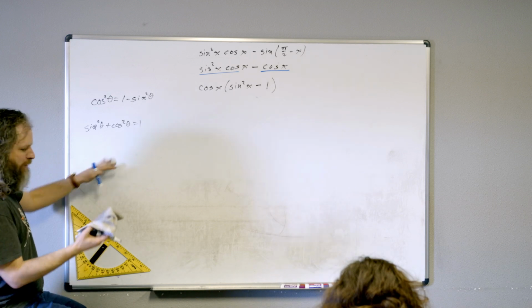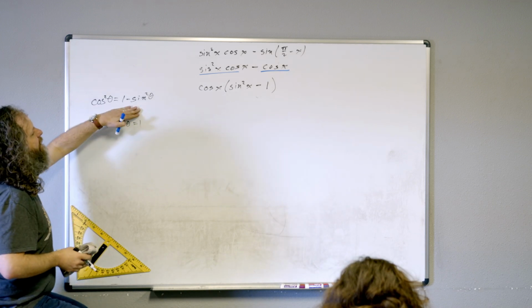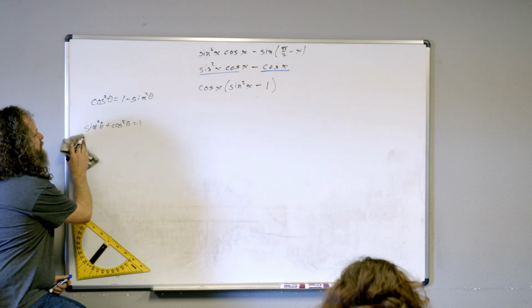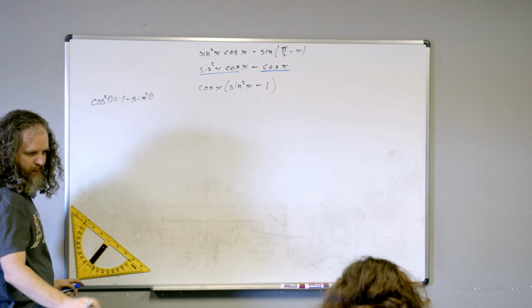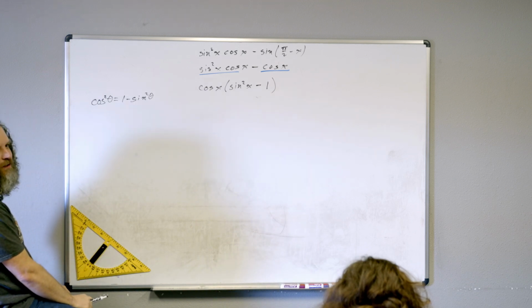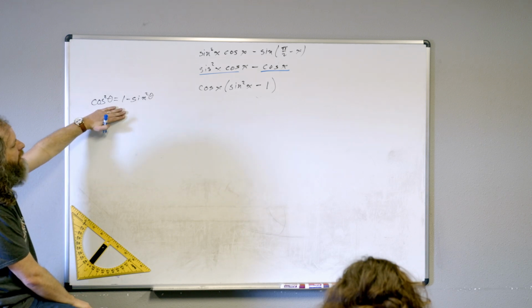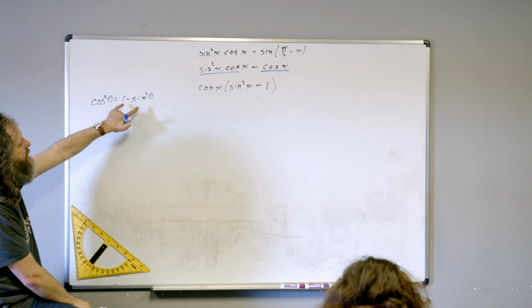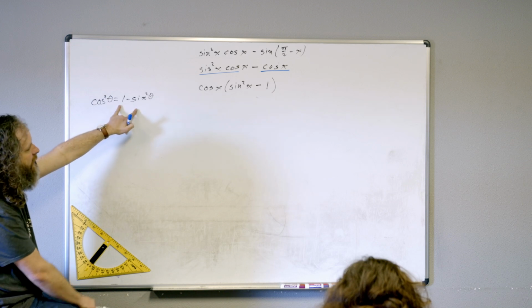You can futz with the identities because they've got equals, so you can use a little simple algebra to move them around. So can we make this side of this equation into that?